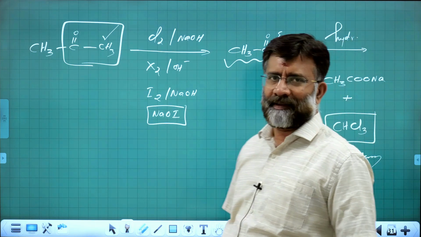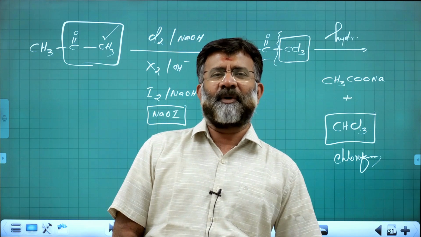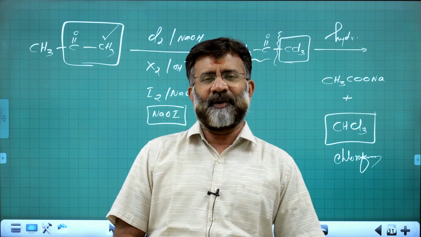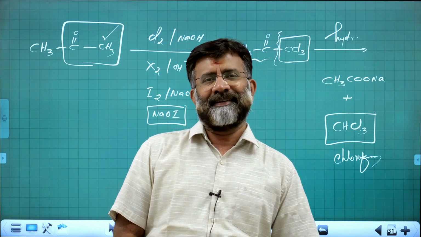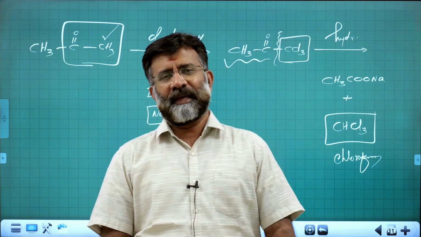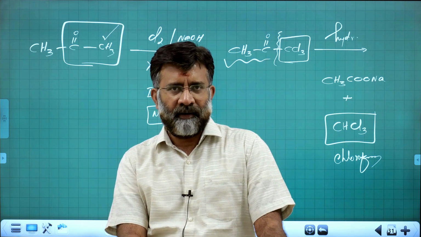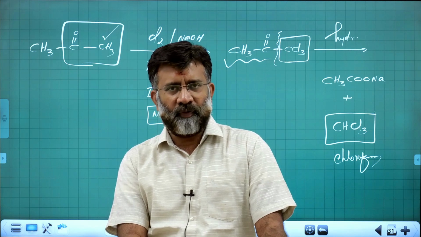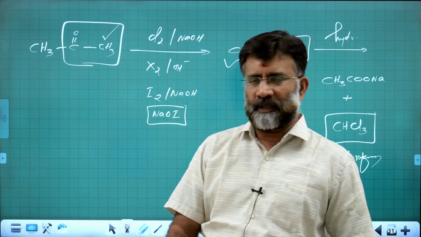That is the reaction. So any such molecule when treated with a halogen and alkali or sodium hypohalite, all are the same, you will get a series of reactions where finally you get chloroform, a haloform, and the other part of the molecule will turn into carboxylic acid.